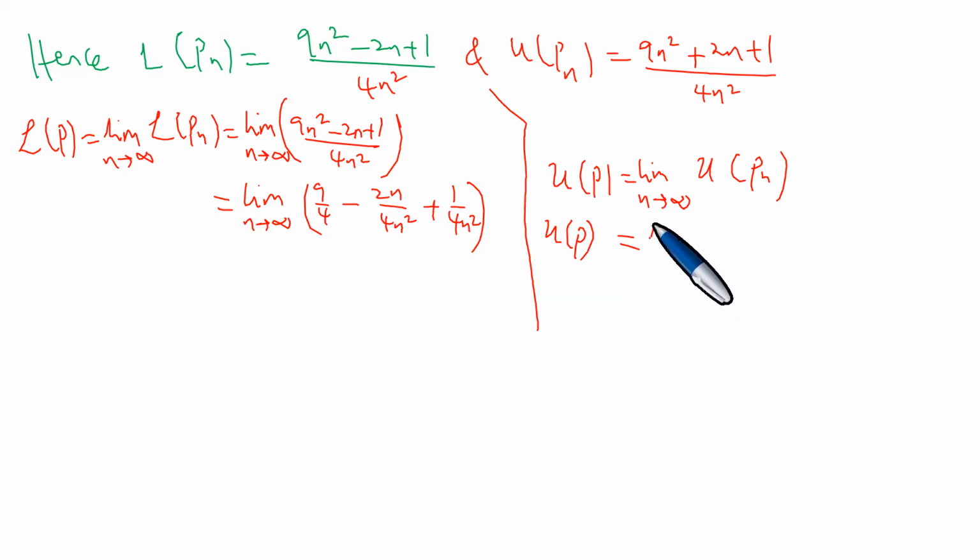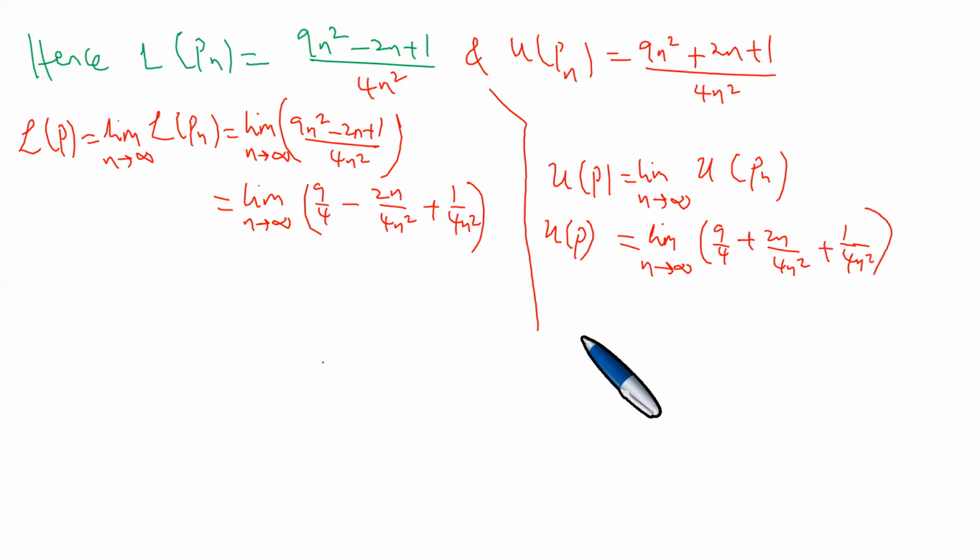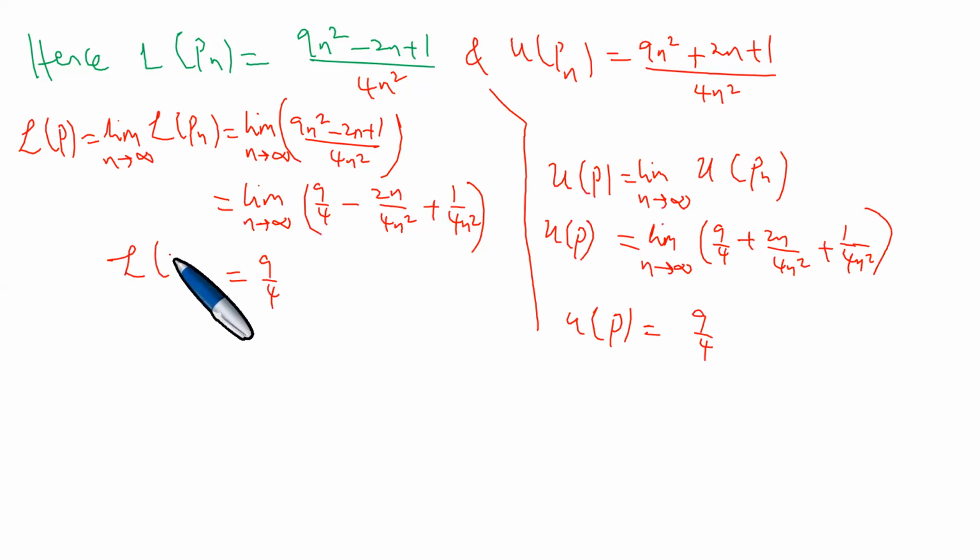So this is the limit: 9/4 plus 2/4 squared plus 1/4 squared. As n approaches infinity, it is 9/4, which means that the LP is 9/4 and the UP is 9/4.